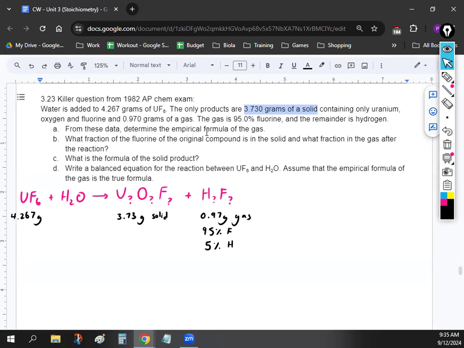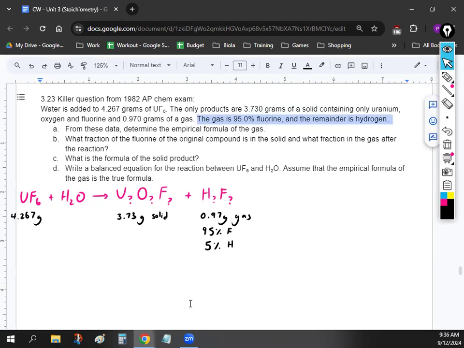Okay. And then lastly, it tells you that it produces 0.97 grams of a gas. So I got that right here, 0.97 grams of a gas. And the gas is 95% fluorine, and the remainder, so 5%, is hydrogen. That's where I get the rest of this, okay? Everybody good with all that information?